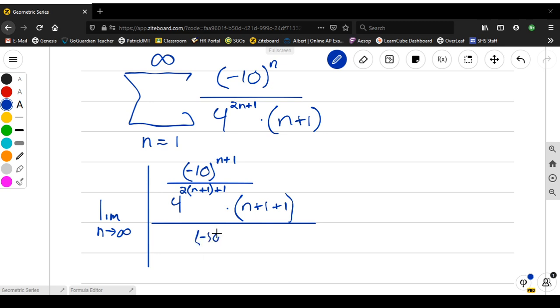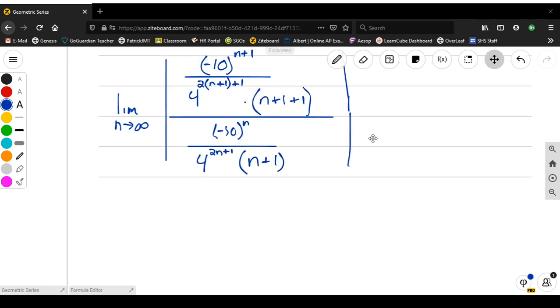Negative 10 to the n all over 4 to the 2n plus 1 times n plus 1. Now, this is going to reduce, multiply by the reciprocal and so on.